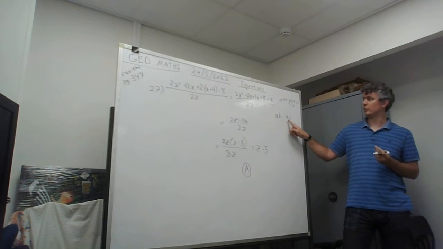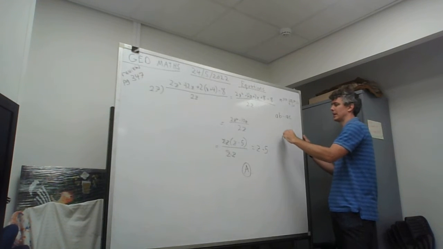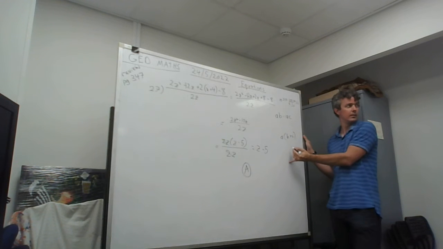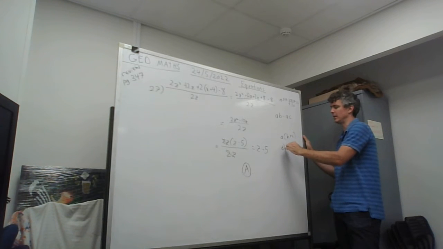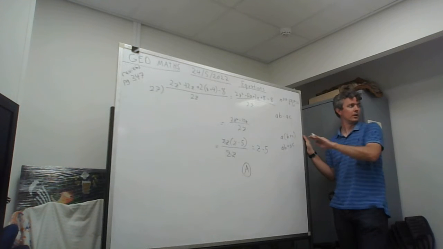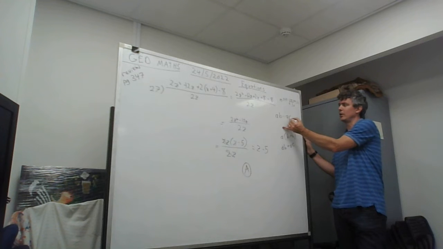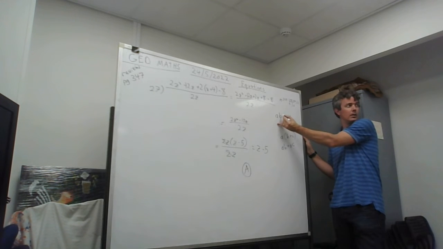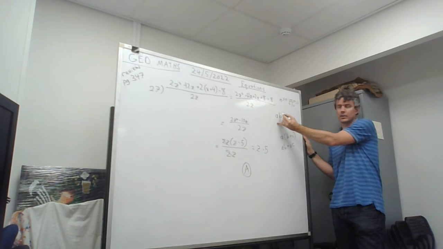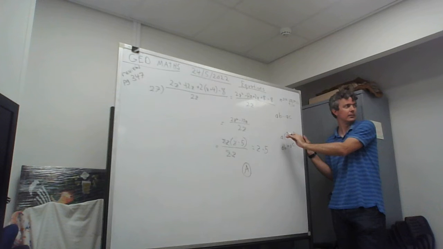The distributive property says that if you have A times B plus C, this becomes AB plus AC. The reverse distributive property is to go backwards and say when I have a polynomial, I see a common factor. When I see a common factor in each term, I can put brackets around it and take it out.